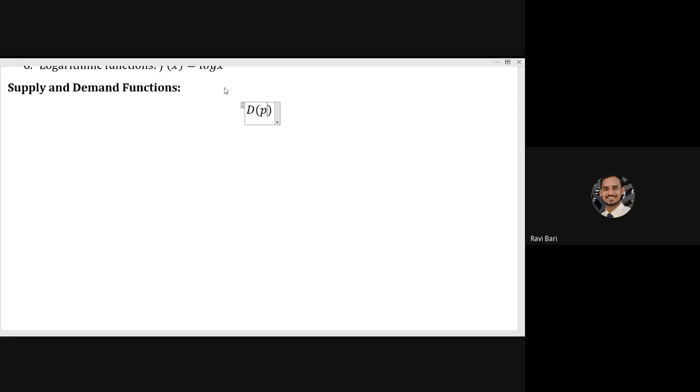So demand depends on price. So we will write demand D is equal to, so it is a function D, and which depends on price P. Similarly, we can write supply function, which is equal to S of P. So here supply is also depending on the price P.